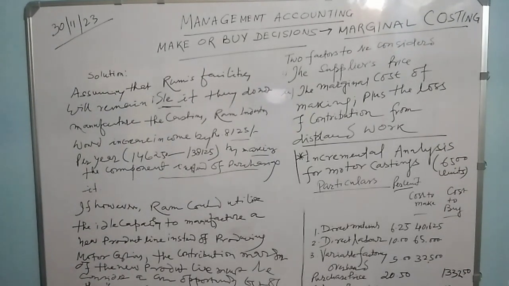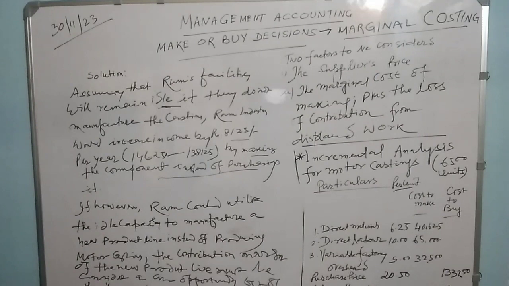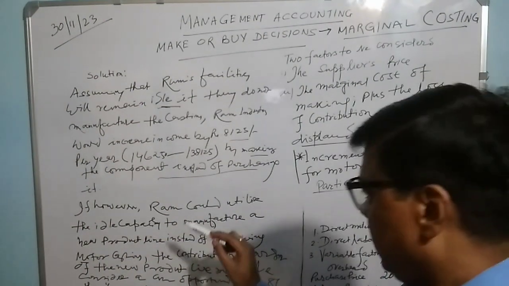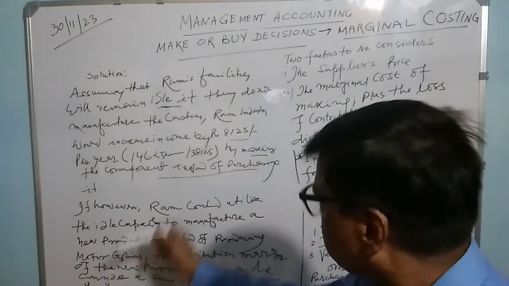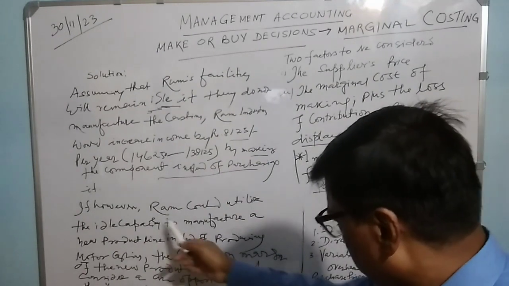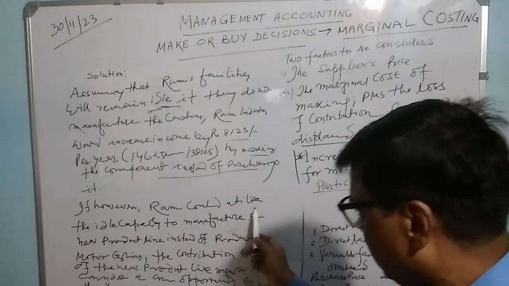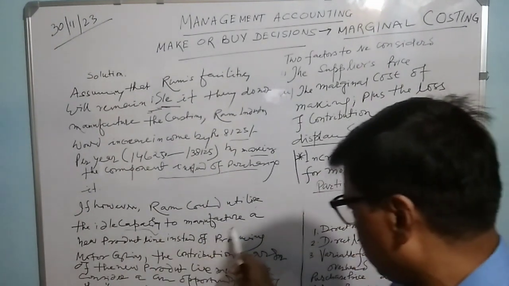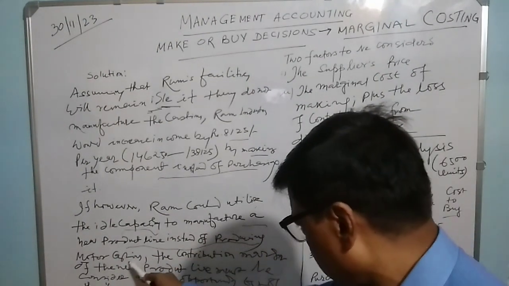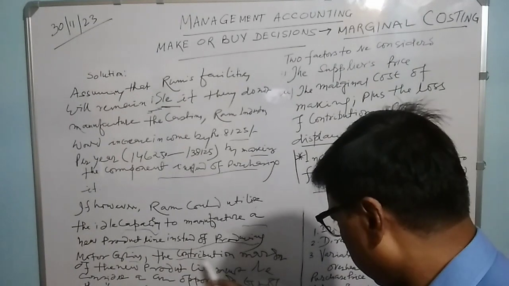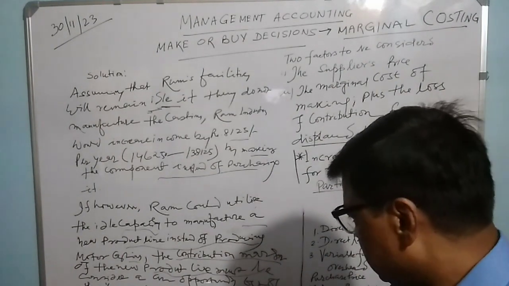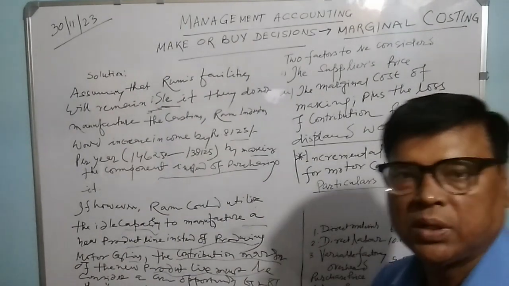You see, what alternatives are we giving here in our next page? However, Ram could utilize the idle facilities. If, however, Ram could utilize the idle capacity to manufacture a new product line instead of producing motor castings, the contribution margin of the new product line must be considered an opportunity cost.